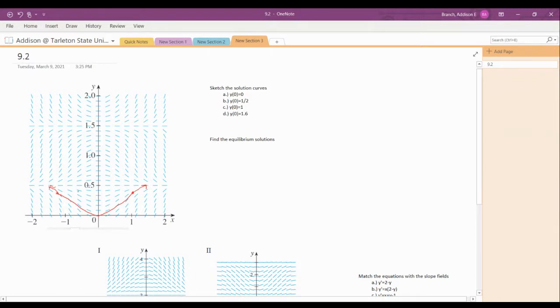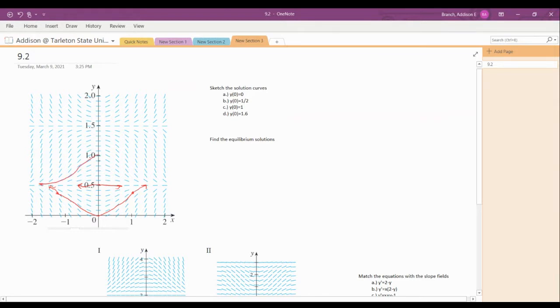We could do this again at 1/2, but if we start here at 1/2, we know we're just going to have a straight line. If we go over to 1, once again, you just follow along with the gradient of the direction field.